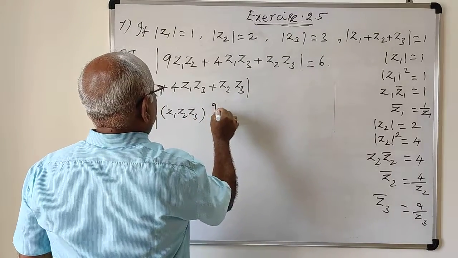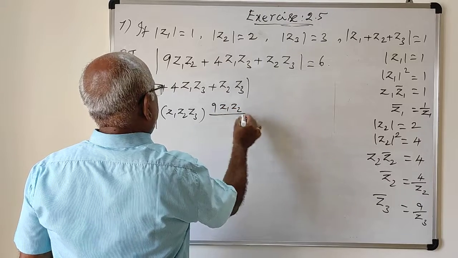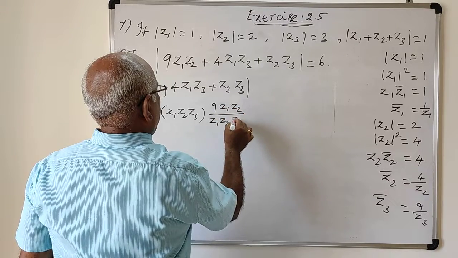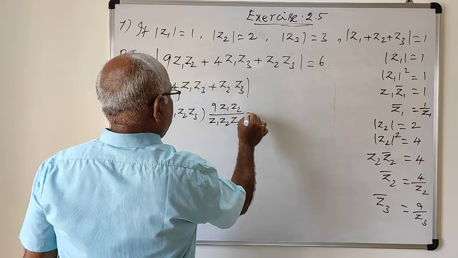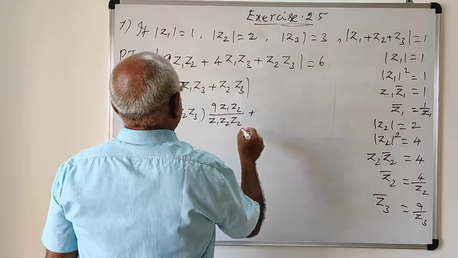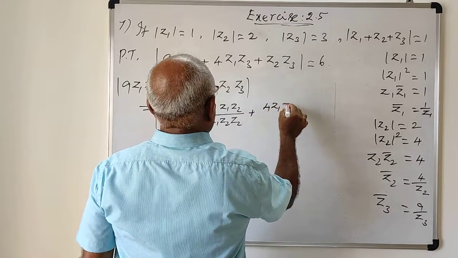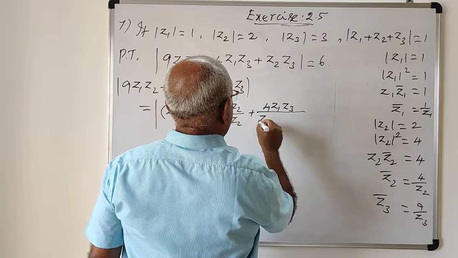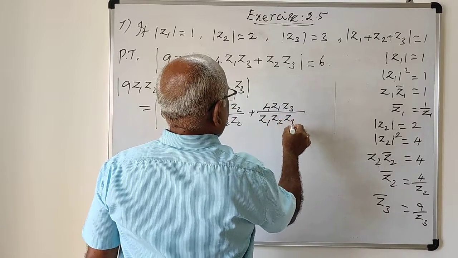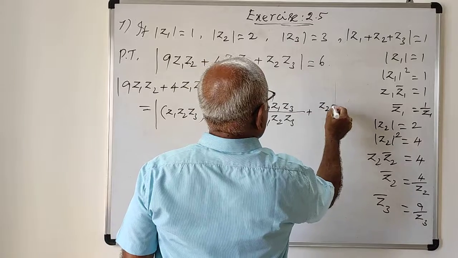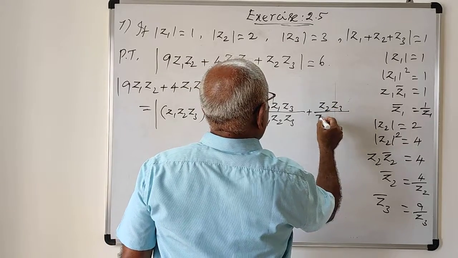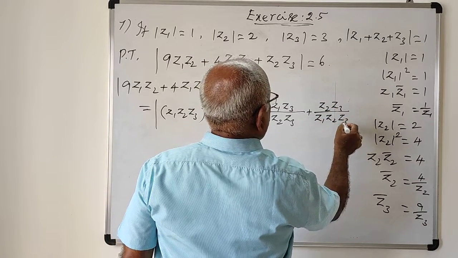That is 9 Z1 Z2 by Z1 Z2 Z3 plus 4 Z1 Z3 by Z1 Z2 Z3 plus Z2 Z3 by Z1 Z2 Z3.